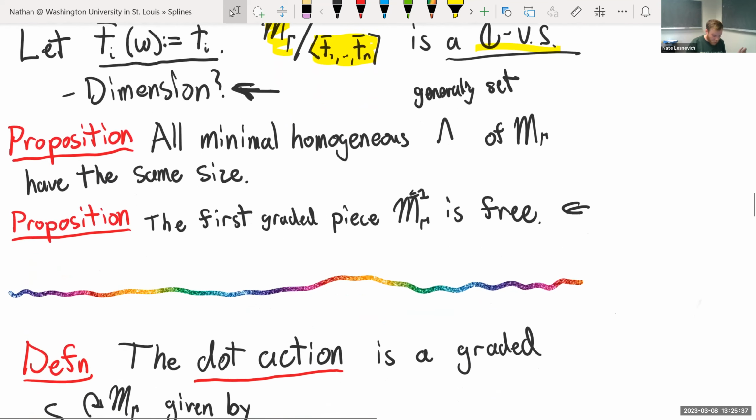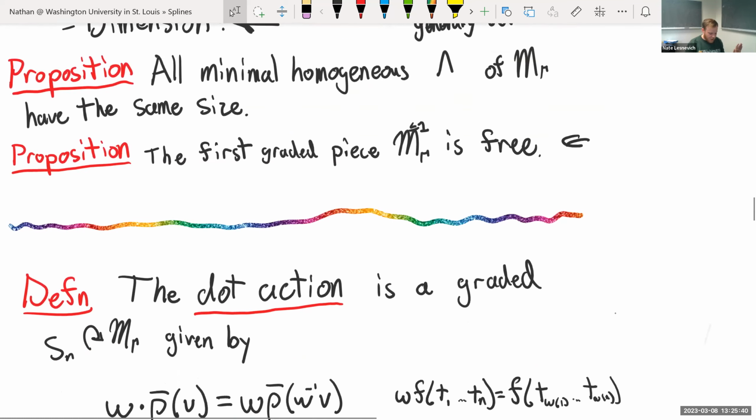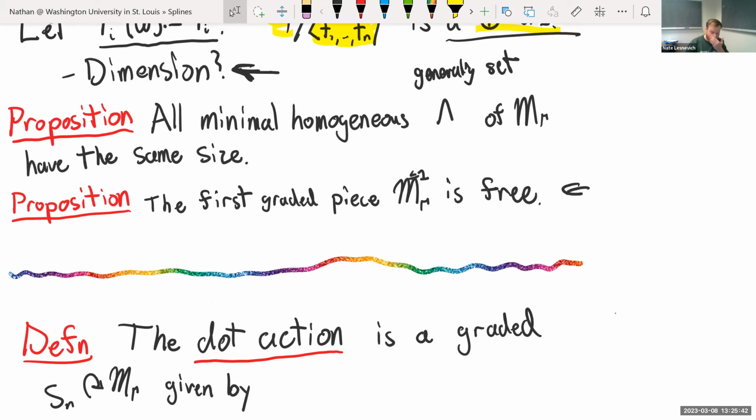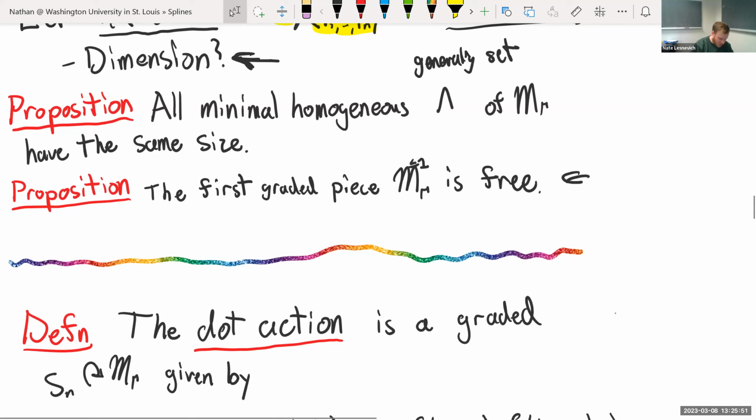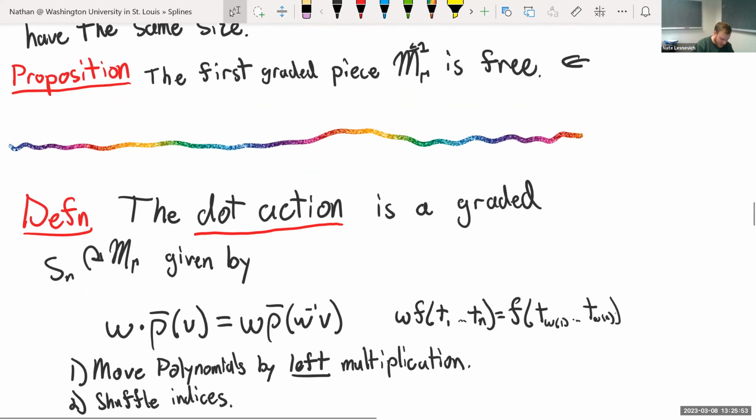I have one more piece of the construction, and that is the dot action. Definition: the dot action is a graded symmetric group action on this module given by this formula. In words, W is going to act on a spline, and it's going to move the polynomials you see by left multiplication.